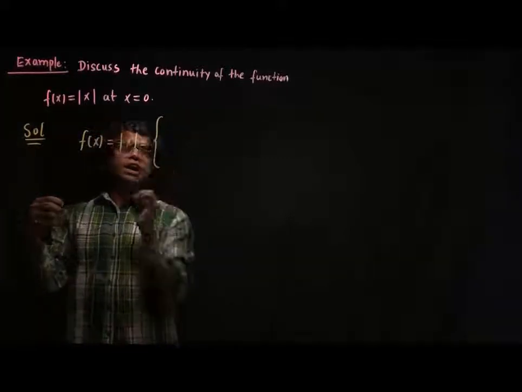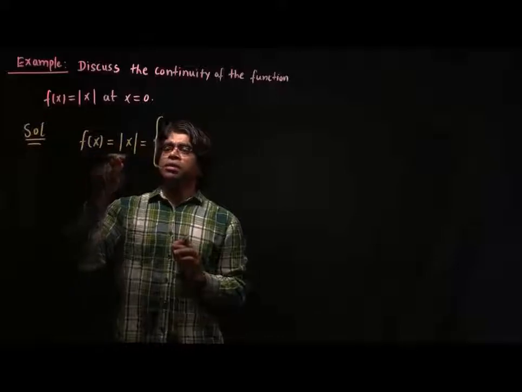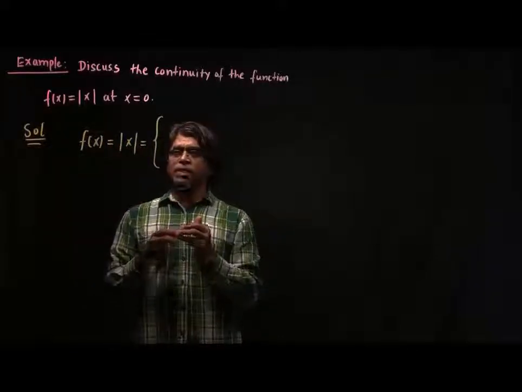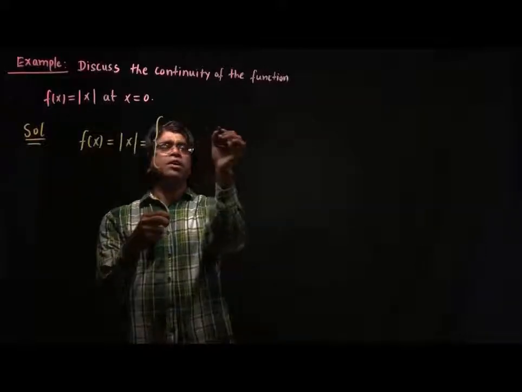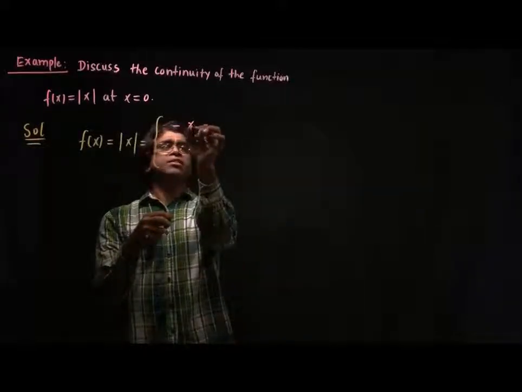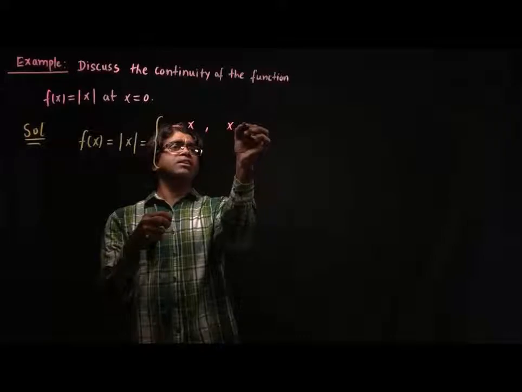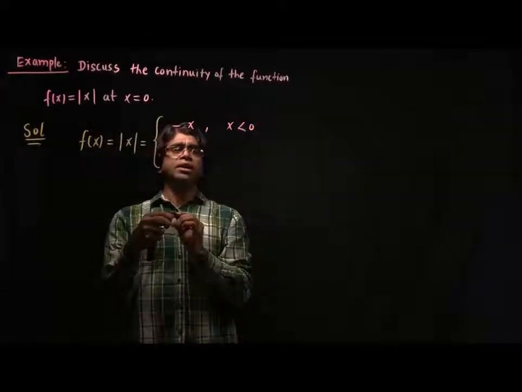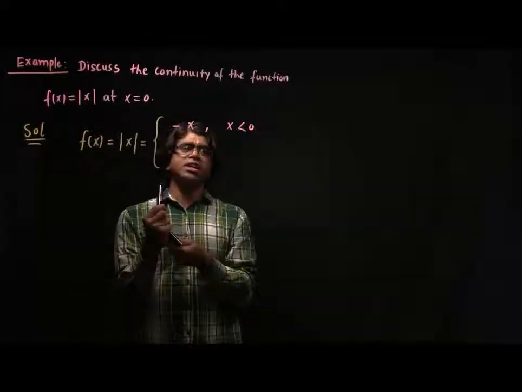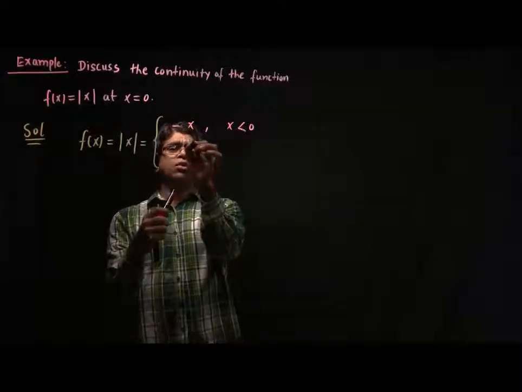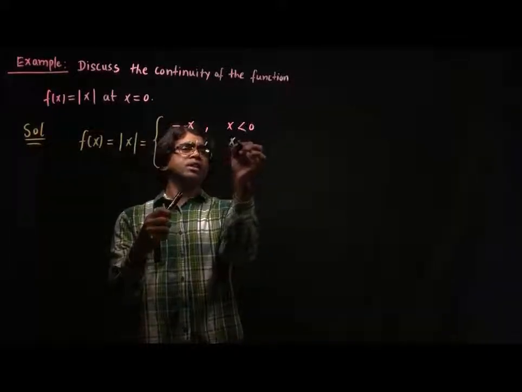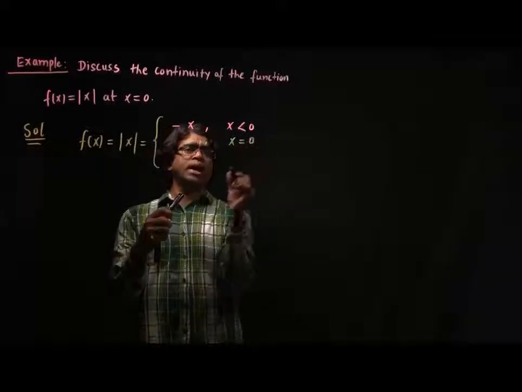Now, if I simplify this function, what will happen? I will write this function as negative x when x is less than 0, right? And this function is equal to 0 when x is equal to 0, right?